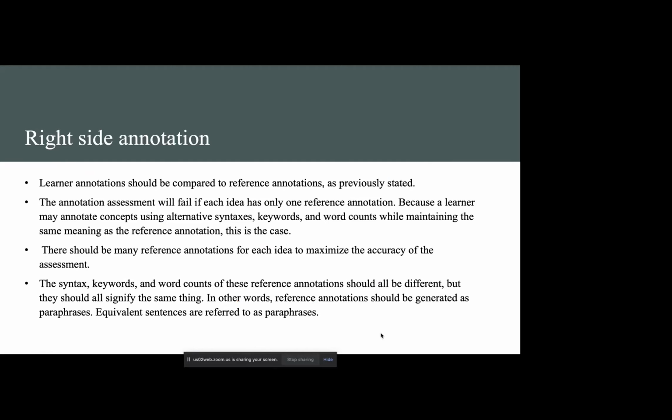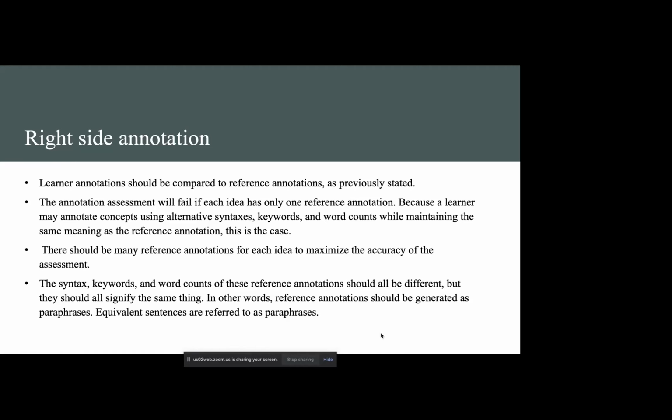Well, this is considered as a right side annotation. The right side annotation, or the annotation assessment, will fail if each idea has only one reference annotation, because a learner may annotate concepts using alternative syntaxes or keywords or word counts while maintaining the same meaning as the reference annotations.